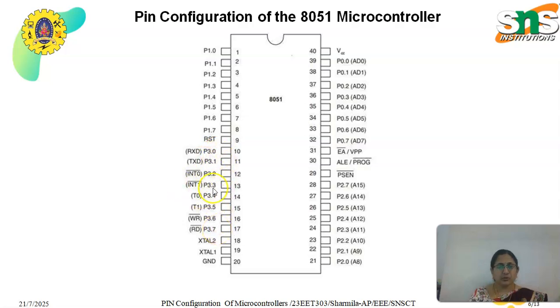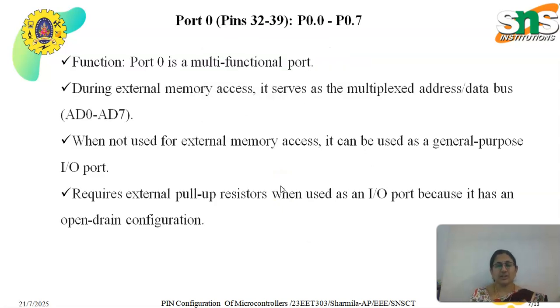Here the fourth port is used as a multifunctional port for external purposes only, and the first port acts as address and data lines, and the third port is used as address lines, and the second port is used for general purpose operation. So now we are going to explore each port individually.